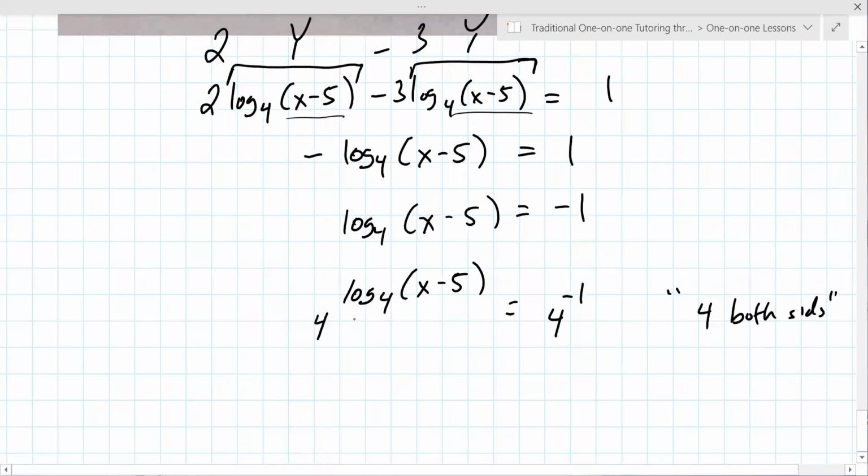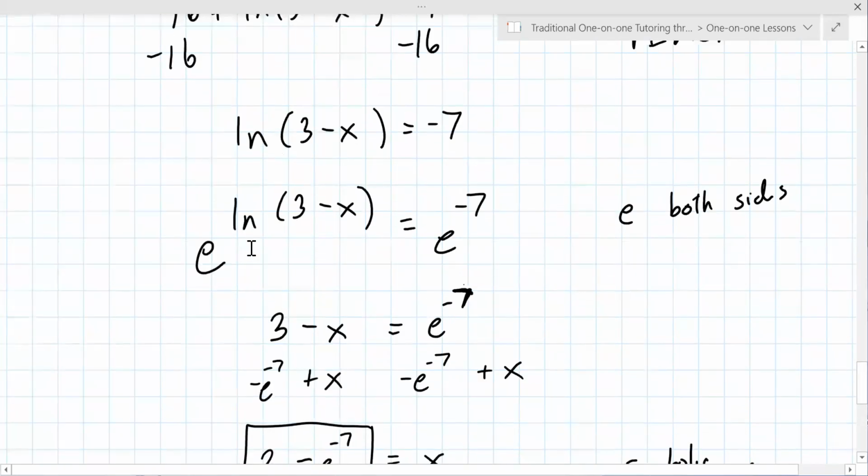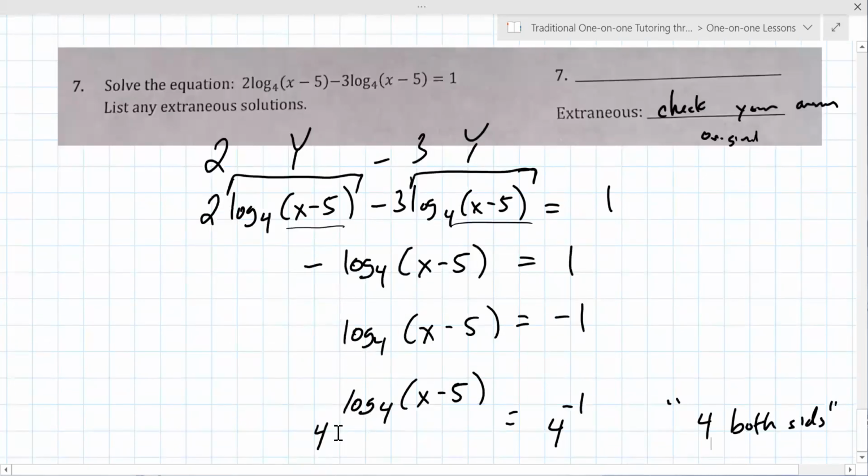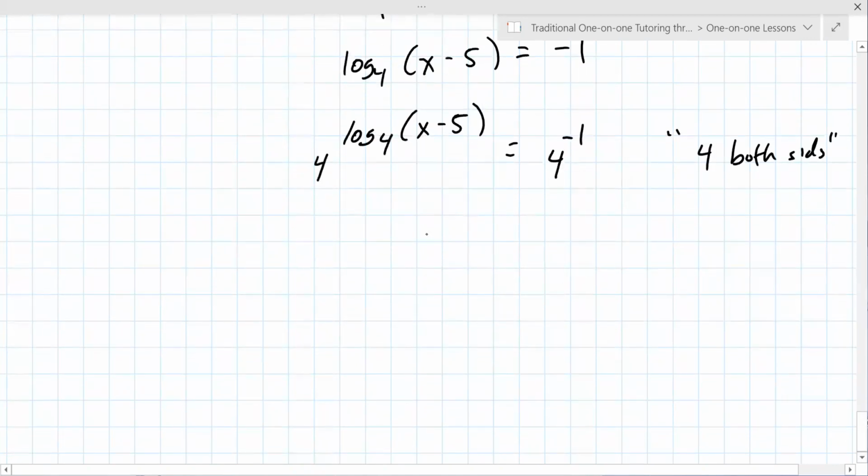Just like in the last problem, the e undoes the ln, we just wrote 3 minus x. Down here, 4 undoes the log base 4. So you just write x minus 5 equals 4 to the minus 1 power. Is that okay? All right.